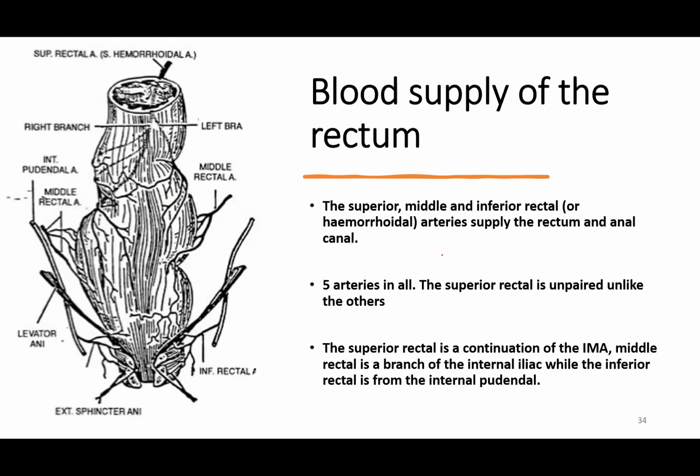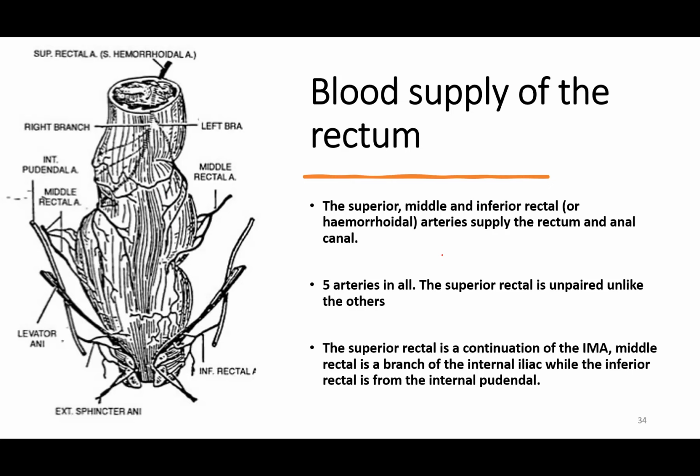Now, what is the blood supply to the rectum? The blood supply of the rectum: the superior, middle, and inferior rectal arteries supply the rectum. If you remember, yesterday we talked about the inferior mesenteric artery, a branch from the abdominal aorta.